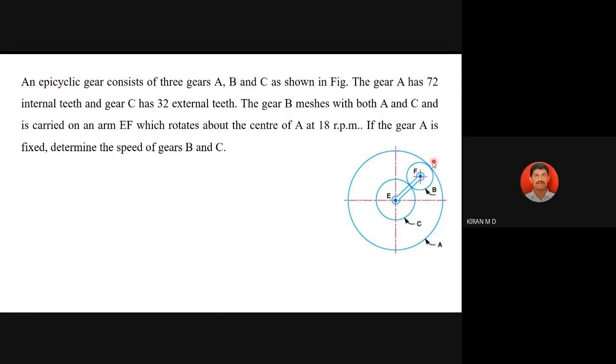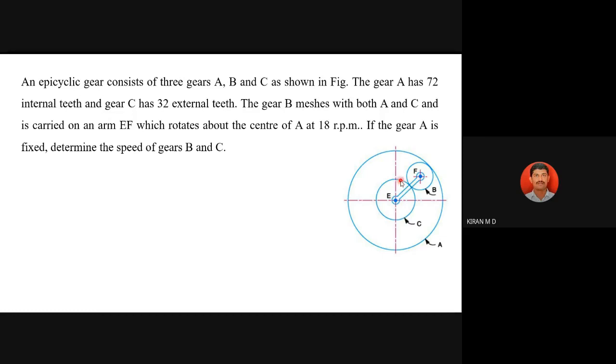Okay, this epicyclic gear train consists of three gears. A is the outer gear, which consists of internal teeth. This is gear A, this is gear B, and this is gear C. Gear A has 72 internal teeth, and gear C has 32 external teeth.